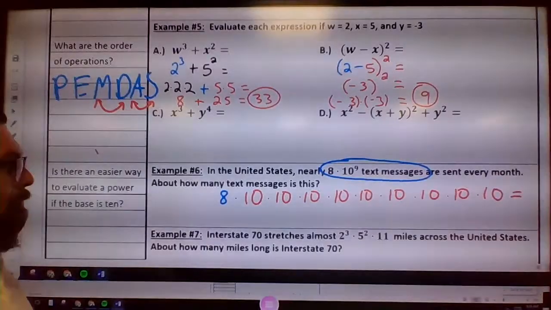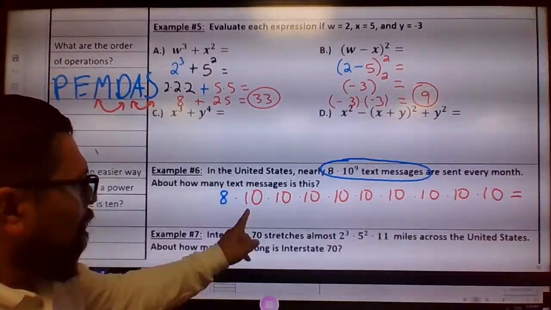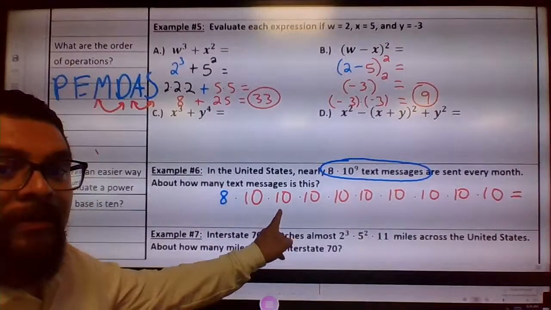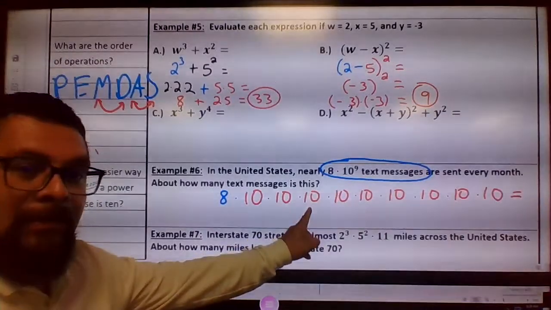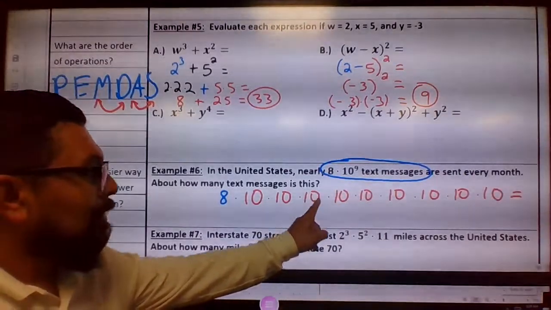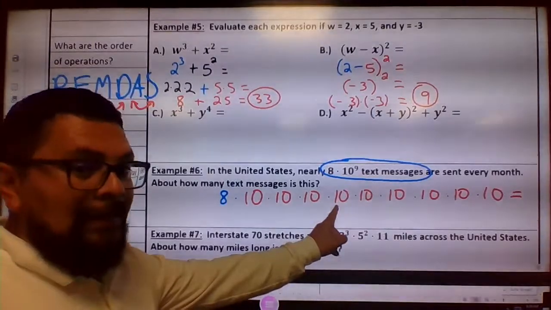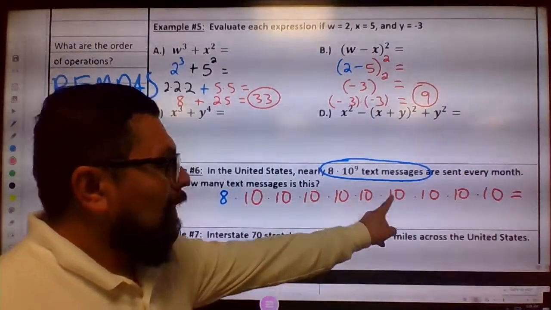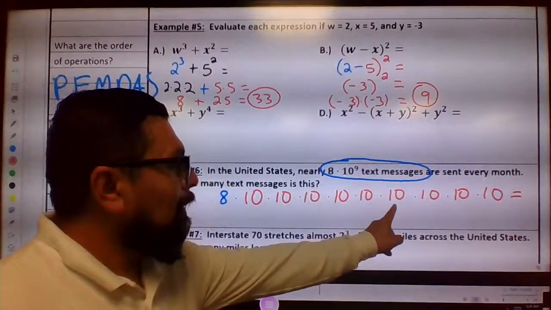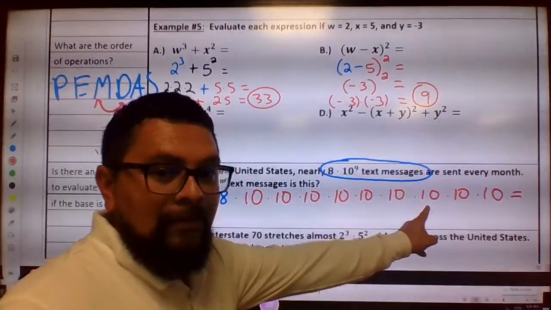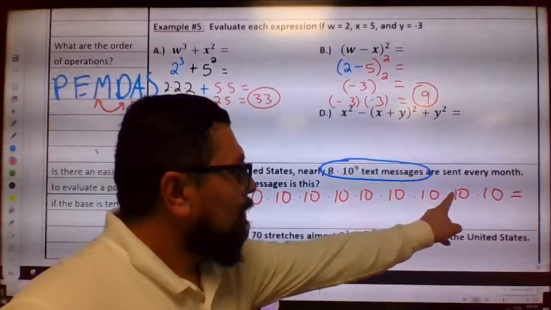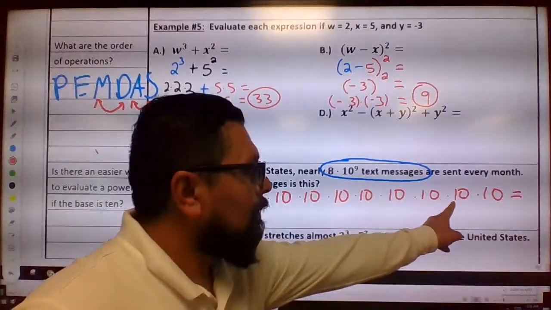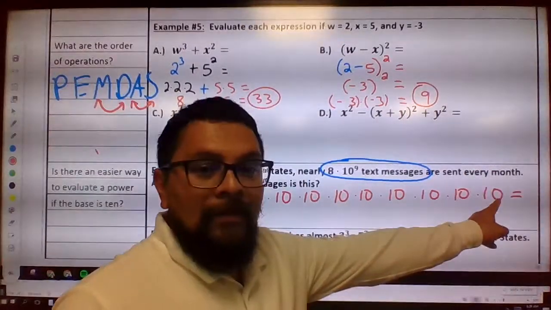Now, 10 times 10 is 100. Times 10, 1,000. Times 10, 10,000. Times 10, 100,000. Times 10, 1 million. Times 10, 10 million. Times 10, 100 million. Times 10, 1 billion.